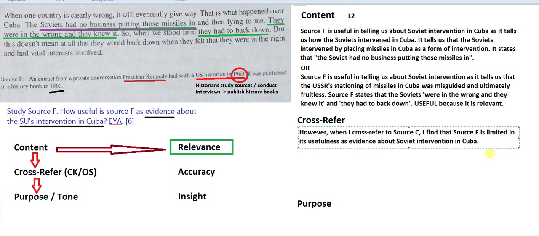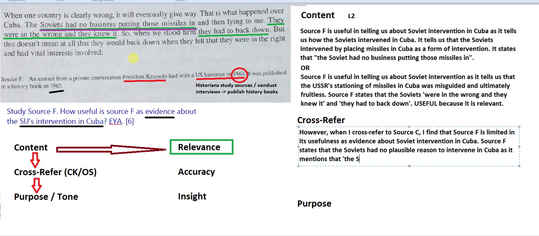Firstly, you must explain what source F says. Source F states that the Soviets had no plausible or good reason to intervene in Cuba, as it mentions that the Soviets had no business putting those missiles in, right?